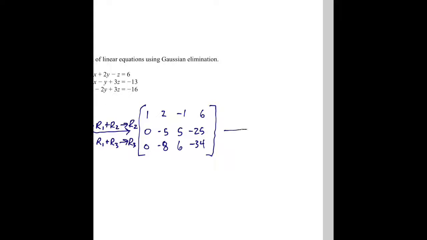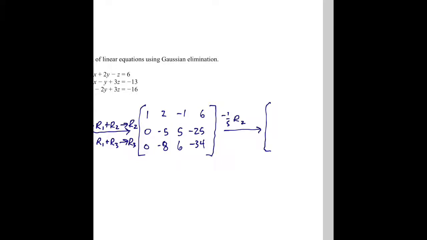So now I want to get a 1 right here in that spot, so then I can get this one here to be a 0. So what I'm going to do is multiply all of row 2 by negative 1/5. Essentially I'm dividing everything by negative 5.